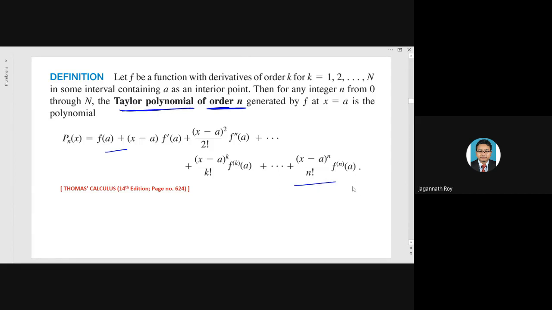A polynomial has degree n. You cannot have a polynomial of infinite degree; a polynomial will have a finite degree. Normally, a polynomial will have this expression, and it will be called Taylor's polynomial. These concepts are from this book.